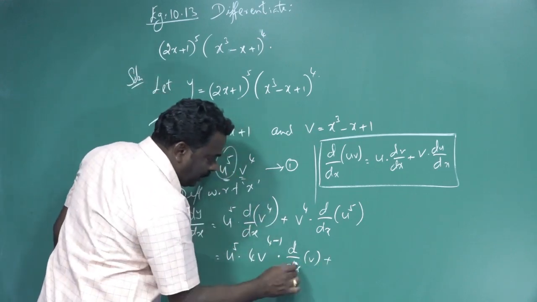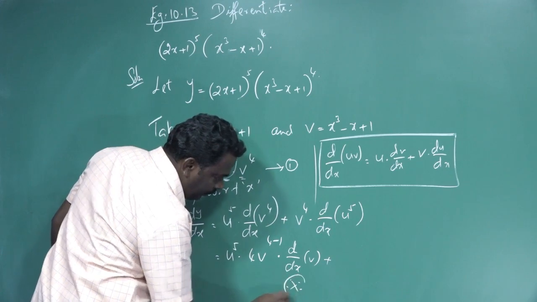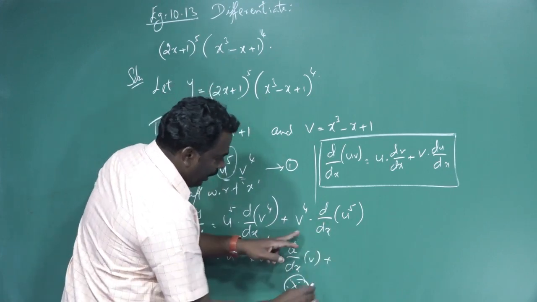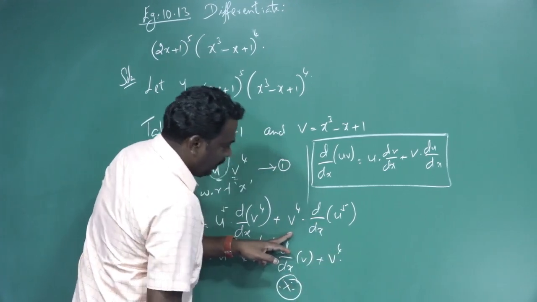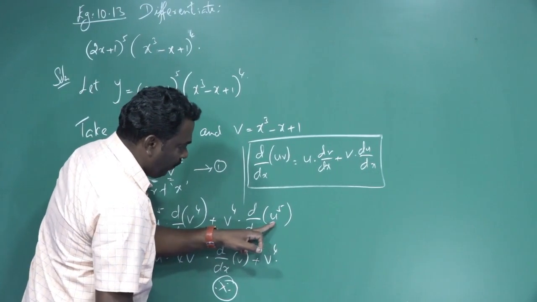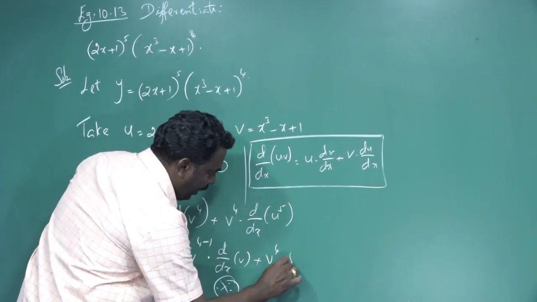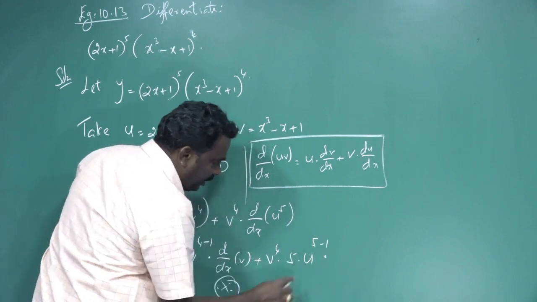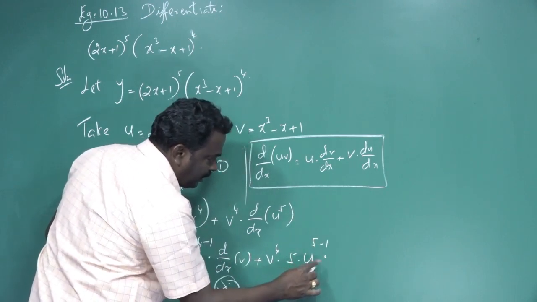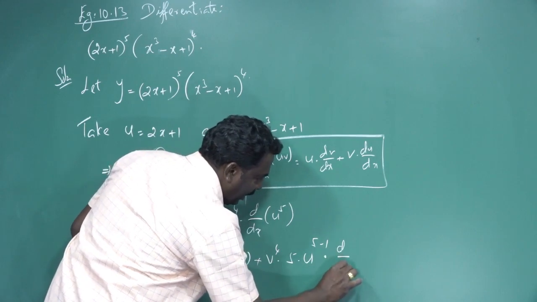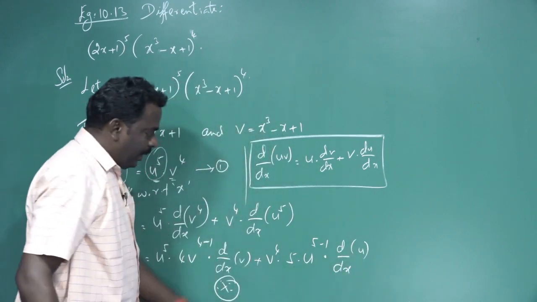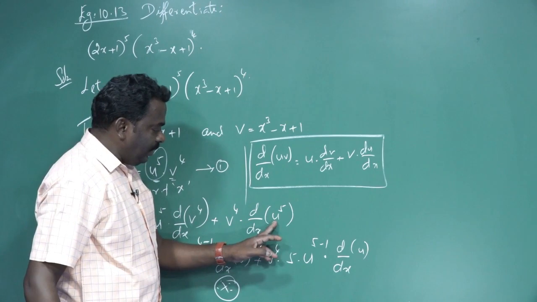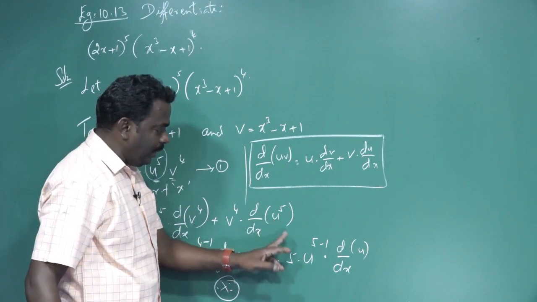And plus, this place is important. Again, keep v^4 as it is. Differentiation of u^5, in x^n form, is 5 into u^(5 − 1), and again differentiate with respect to x, d by dx of u. Because this differentiation with respect to x is not of an x term, it is a u term.